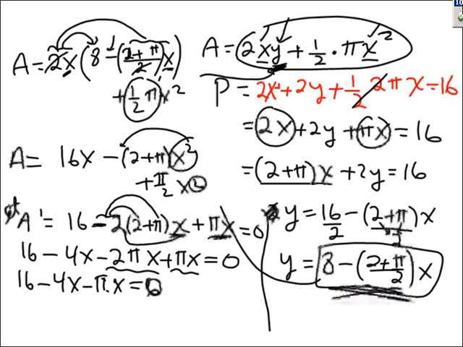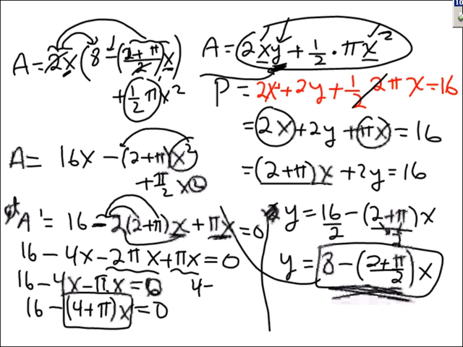Now let's combine the x's on the left side. If you take away 4 x's, and then you take away pi x's, you took away 4 plus pi x's. This is 0. So then this must be 16. There's no way out of it. Only 16 take away 16 is 0.